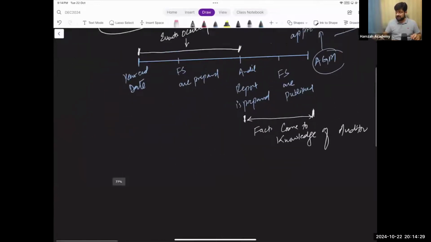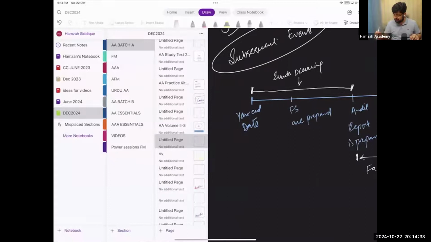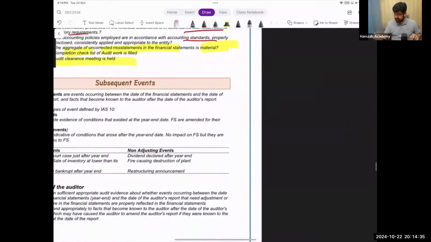So we can see that. Come to the notes. The definition is written over there. We need not write the definition here.